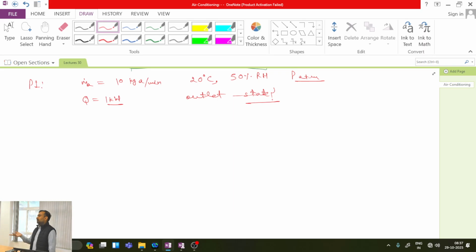It is a blower problem. Air is taken from one side in the blower, then the blower rod is heating at the rate of 1 kilowatt and then you are getting hot air. So you have to tell what will be the temperature, humidity, etc. of the hot air. Outlet state you need to determine. Yes, tell me, how will you be doing this? You have to tell me the process now.